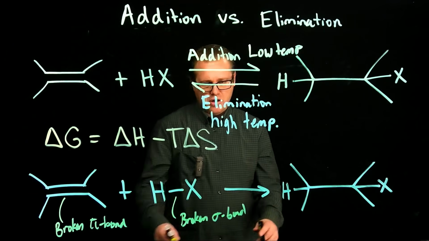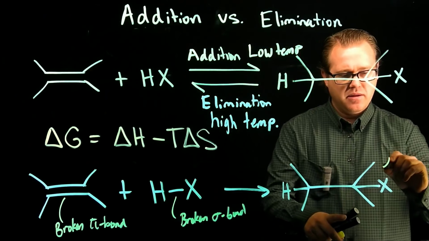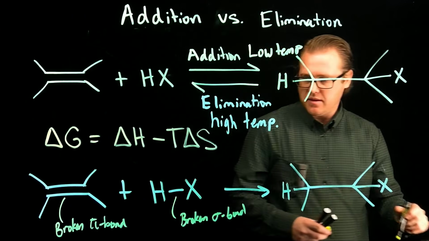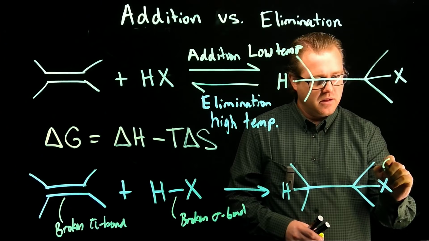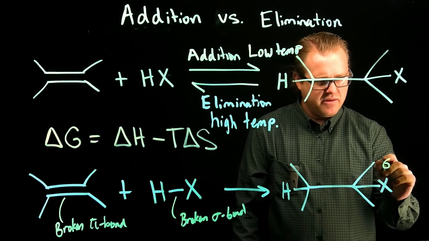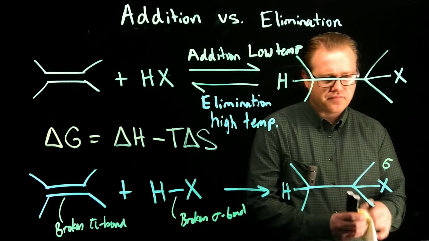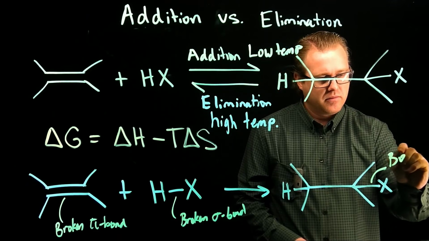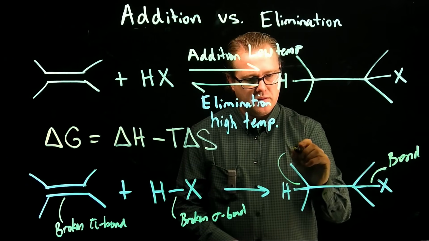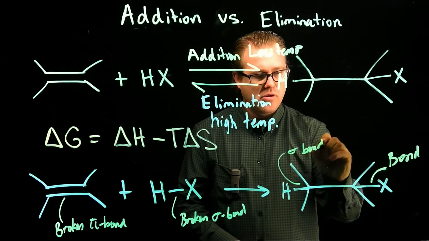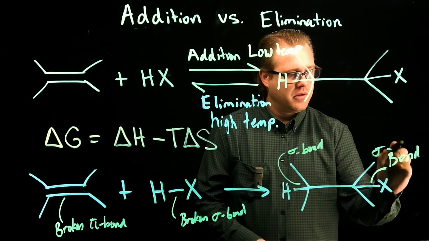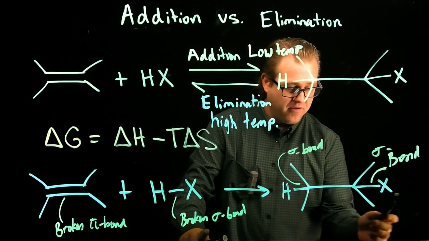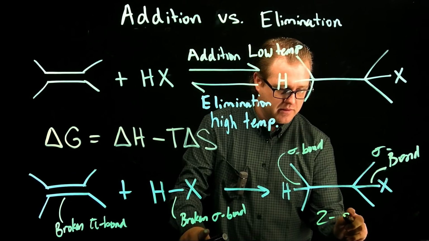But what have we gained over here? We formed a sigma bond, and another sigma bond. So we've broken a pi, broken a sigma, and formed two sigma bonds.